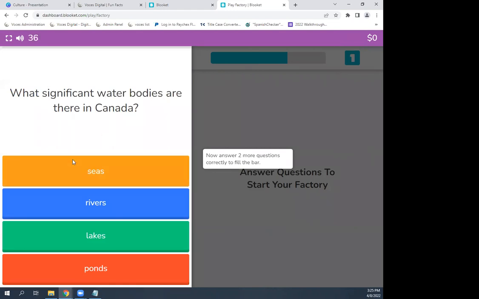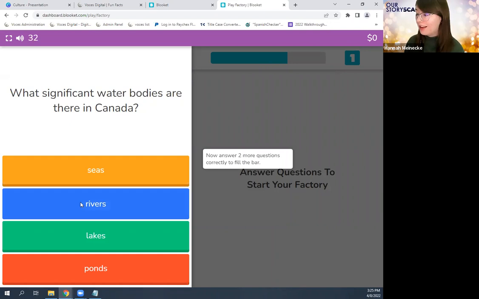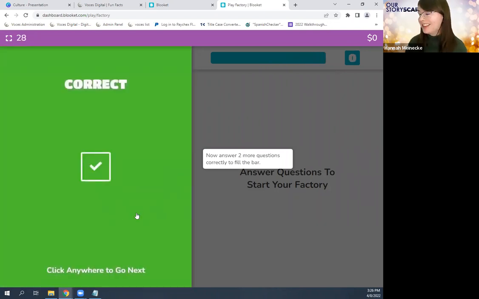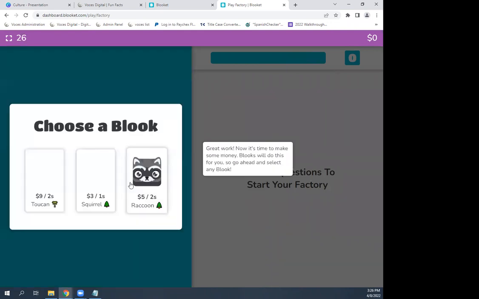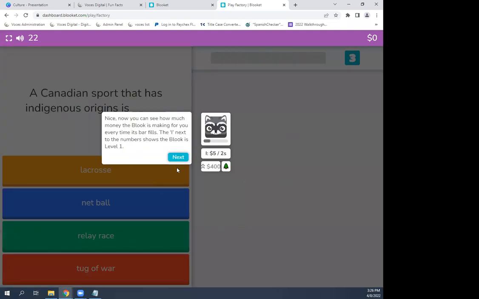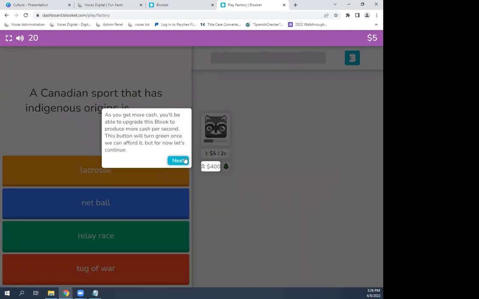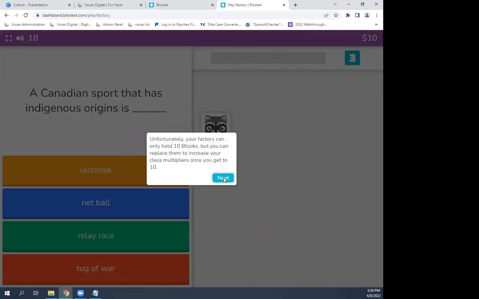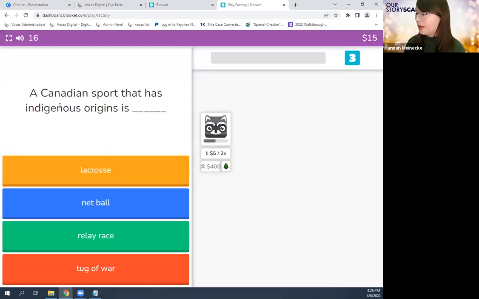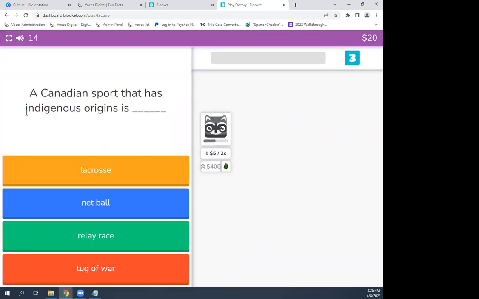What significant water bodies are there in Canada? Seas, rivers, lakes, or ponds? I mean, they probably have many different ones, both. Yep, but they do have those. Oh, I get to pick. Yes, you can get a look at now. Okay, I completed the tutorial with 15 seconds left.